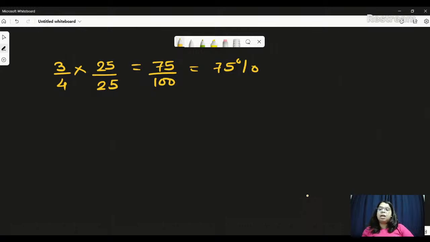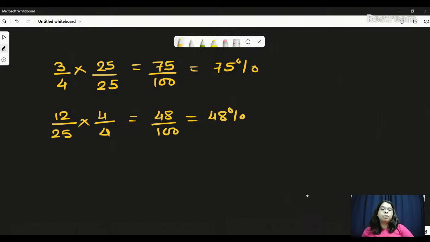Now let's say I have 12 over 25. I'm going to make 25 into 100, so I'm going to multiply by 4 over 4. That is going to give me 48 over 100, which is equal to 48%. So this is how we convert fractions into percentages. Now what if I have 7 by 8?